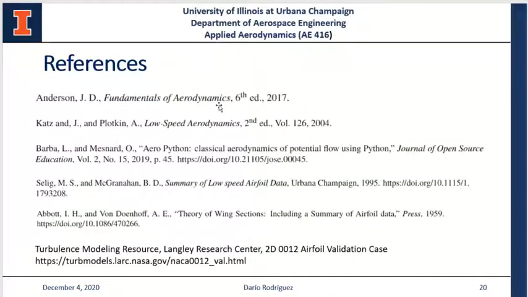Here are some of the references that I used. I principally used this first reference, Fundamentals of Aerodynamics by Anderson, and also this other reference, which is a website focused on teaching aerodynamics through the use of Python, which is really cool, because it will help you better understand how potential flow is manifested in reality through drawing some nice plots and those kinds of things.